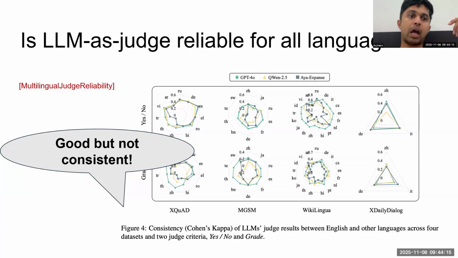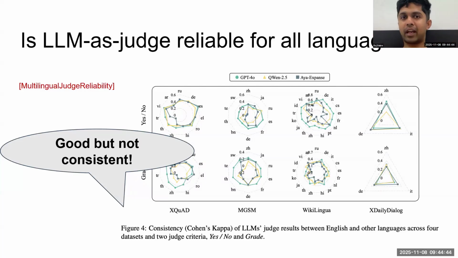However, most existing models that people have tried out, like GPT-4o, Qwen 2.5, and Aya Expanse, the correlation is good for certain languages, but it is not always consistent. A particular LLM might give one score to a good response in English, but an equally good response in another language might not get a good enough score.